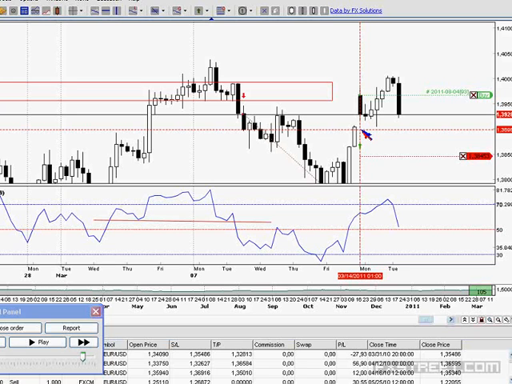Because we need to see more arguments together. And as for exits, it's always better to use just one argument to exit the position, not to wait to gather enough evidence. Okay, this is usually done.